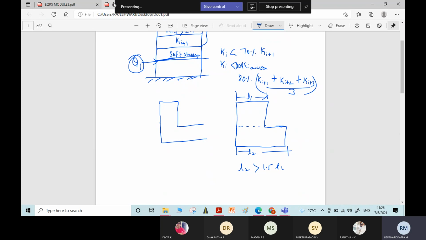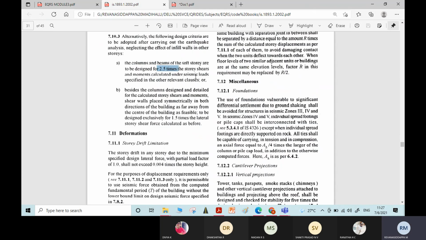If it is a soft story, 2.5 times the story shear and moments calculated under seismic loads. That is one guideline.